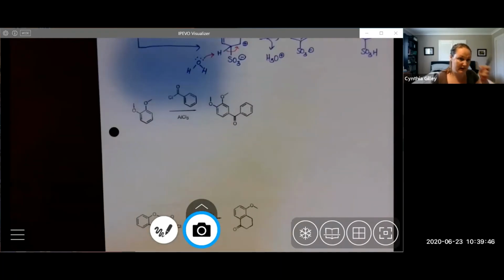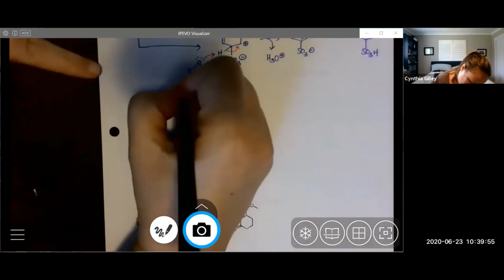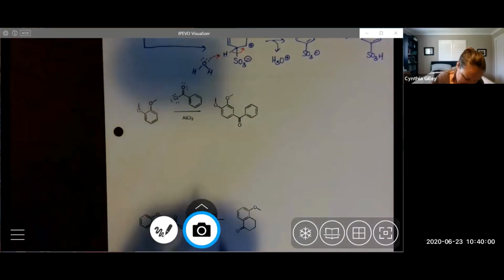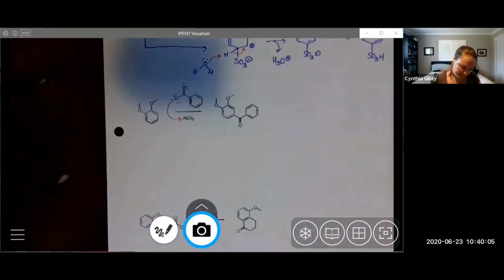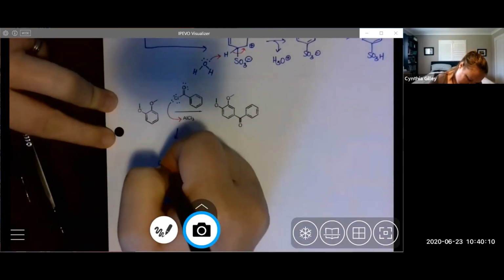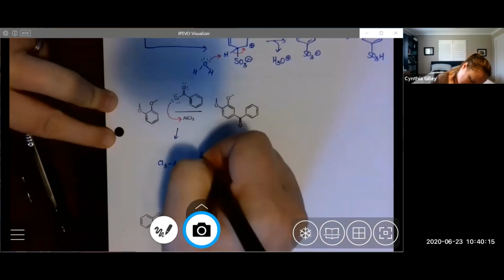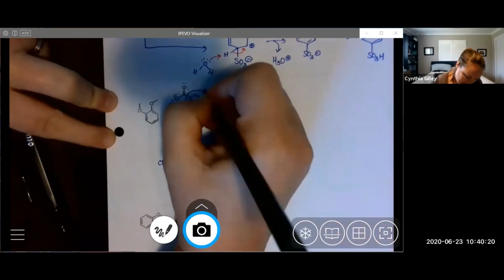Okay, next one is a Friedel-Crafts acylation reaction. So we have this acyl chloride here, which we know gets activated by attacking the Lewis acid. Now we have the complex.